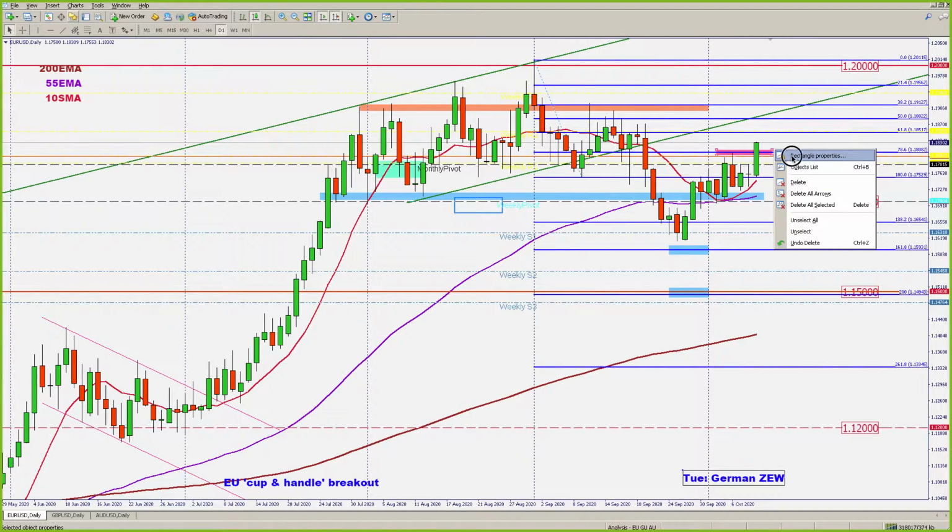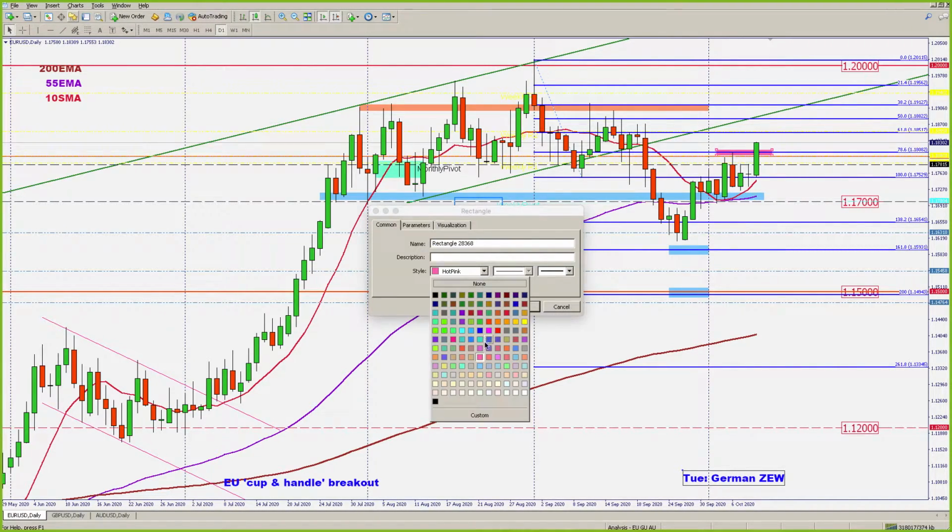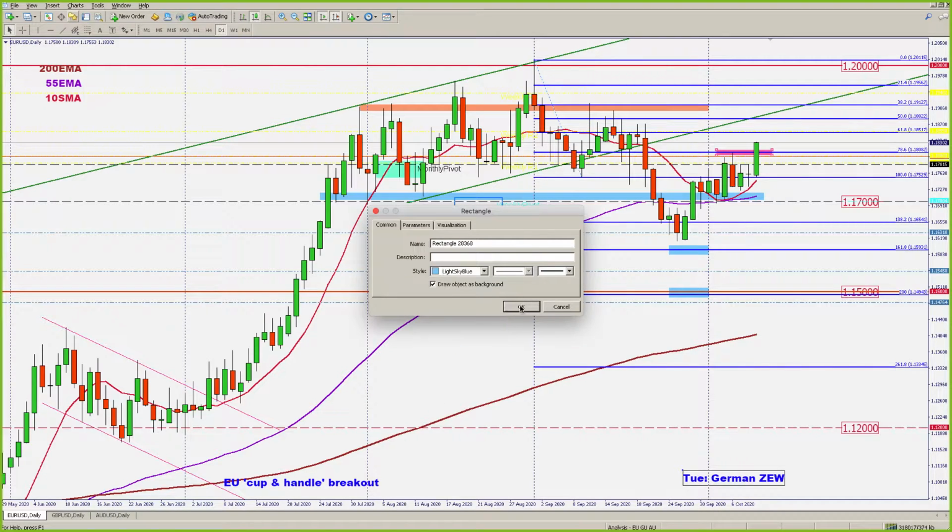So we can identify this now as a support zone.